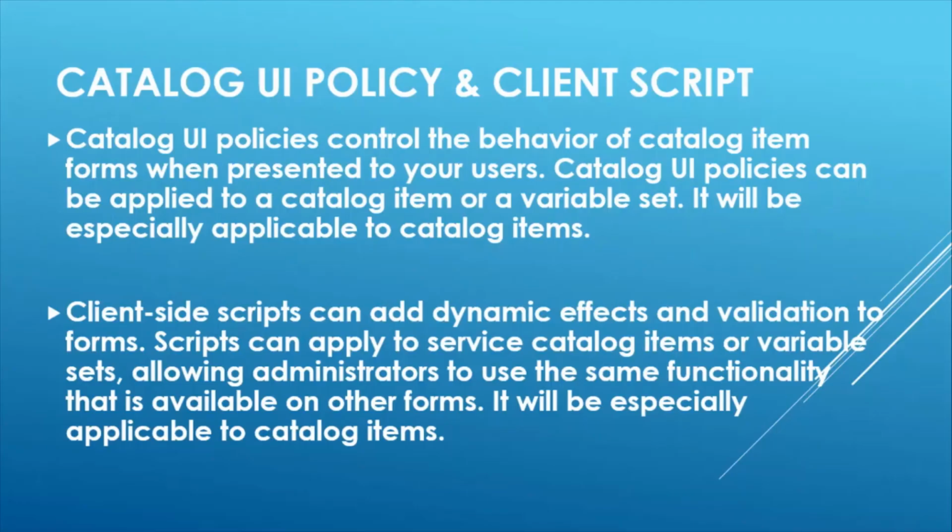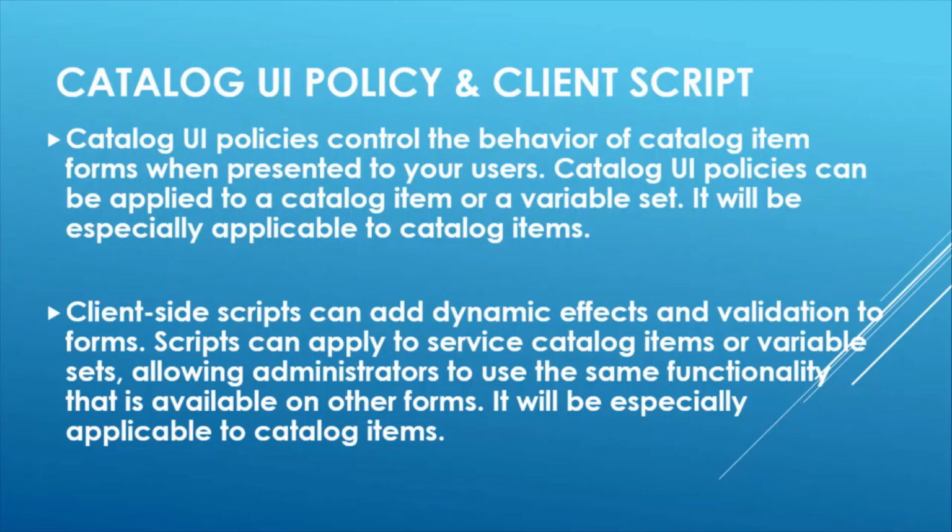Okay, so in this slide we'll try to understand catalog UI policy and catalog client script. So catalog UI policy and catalog client script are not different from our normal UI policy and client script. The main difference is that the catalog client script and catalog UI policy will be applicable especially to catalog items. Okay. So the functionality is also the same.